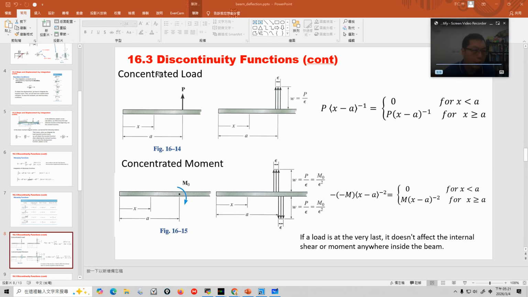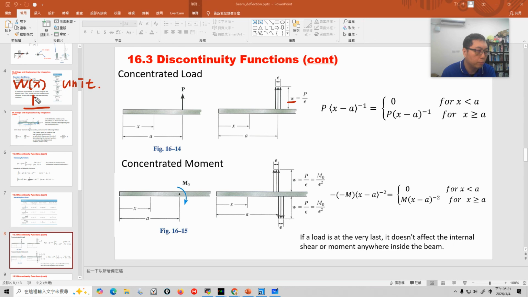The concentrated load means this load is acting at a certain point on a beam. Here I also want to address that W is called the loading function. The unit of W(x) is newtons per meter, which means force per length.